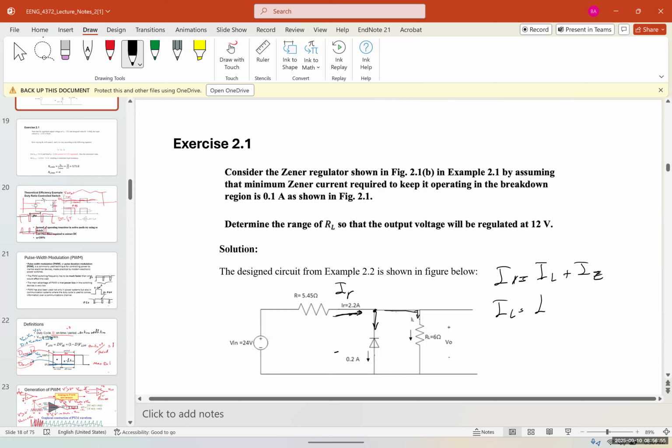Now, the minimal value of RL would be equal to V out over the IL maximum. Now, what is the IL maximum here? For the Zener diode, IZ was 0.1 amps, and IR, sorry, 0.2 amps. That's a maximum of that. And IR is 2.2 amps.